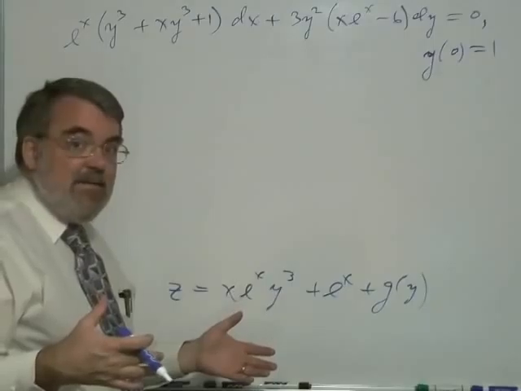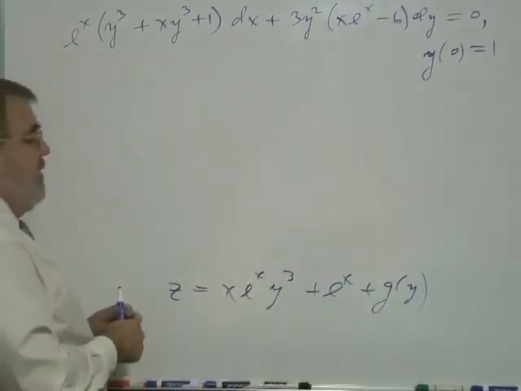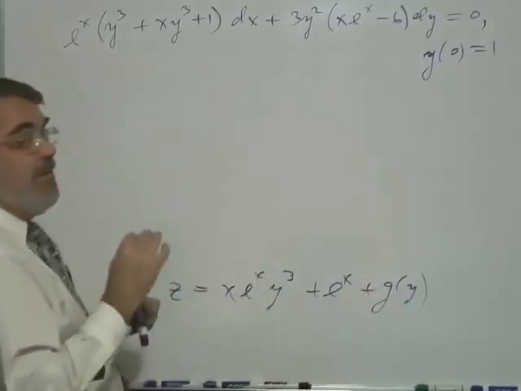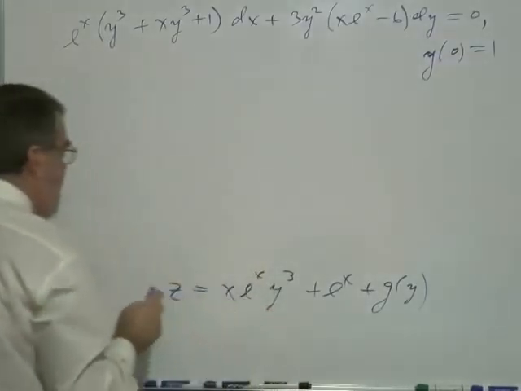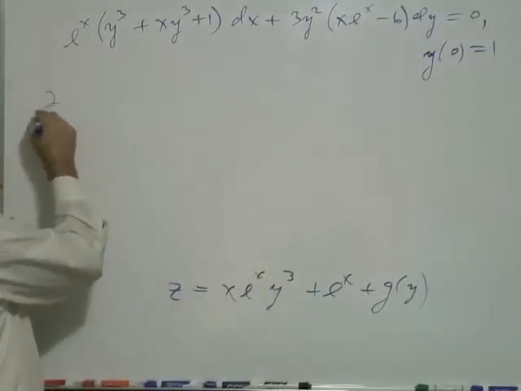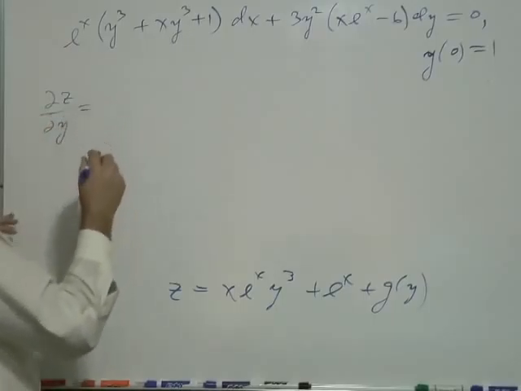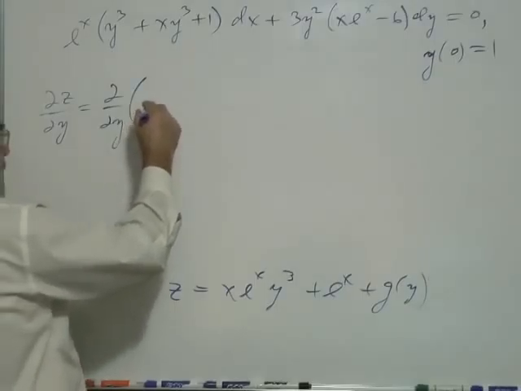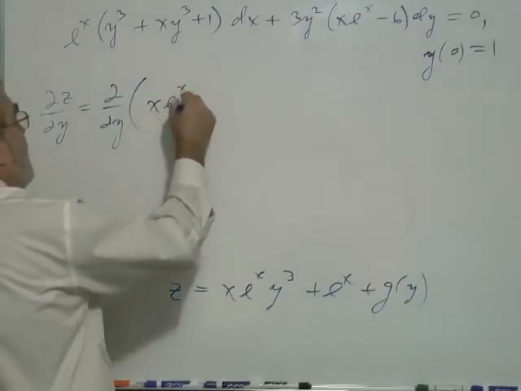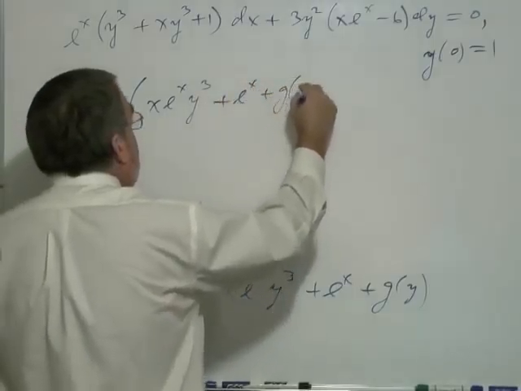So to fill in that last blank, what is g of y, I need to take this partial derivative with respect to y and set equal to this part right here. So partial of z with respect to y is the partial with respect to y of x e to the x y cubed plus e to the x plus g of y.